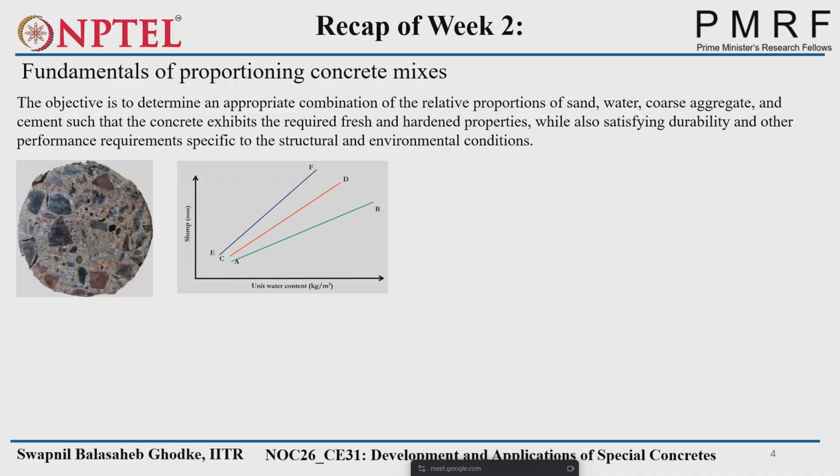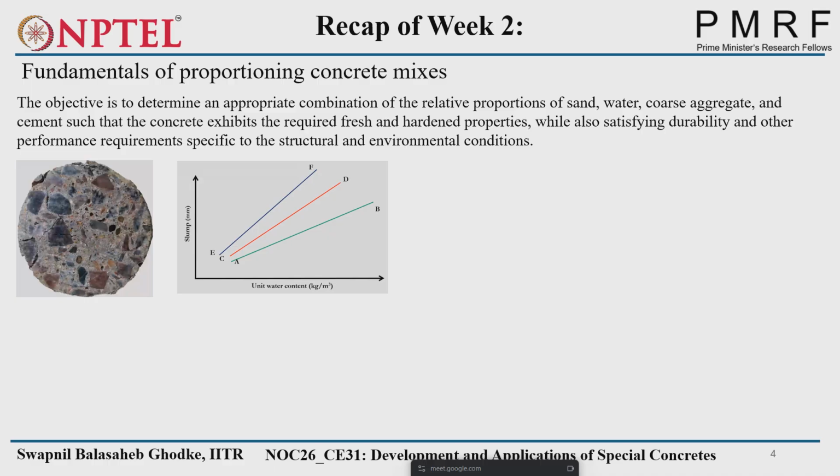But on what parameter is this slump dependent? Basically, slump is mainly dependent on the unit water content, in kilogram per meter cube. If you see these lines A to B, C to D, E to F, they indicate that as the unit water content increases, the slump value also increases.